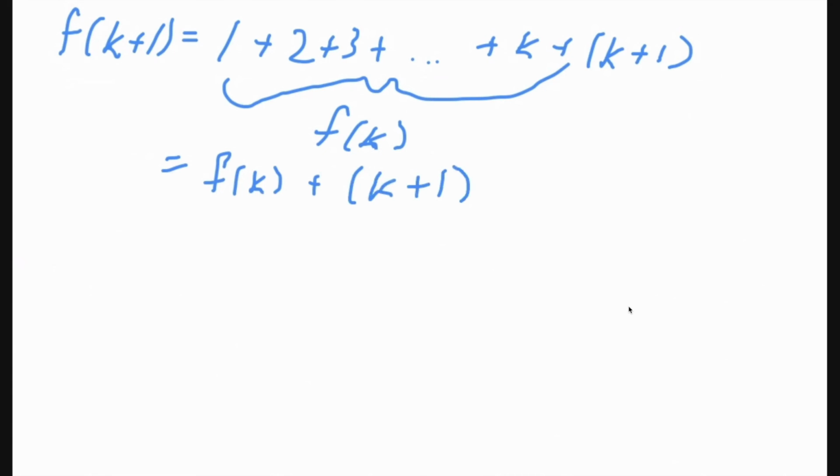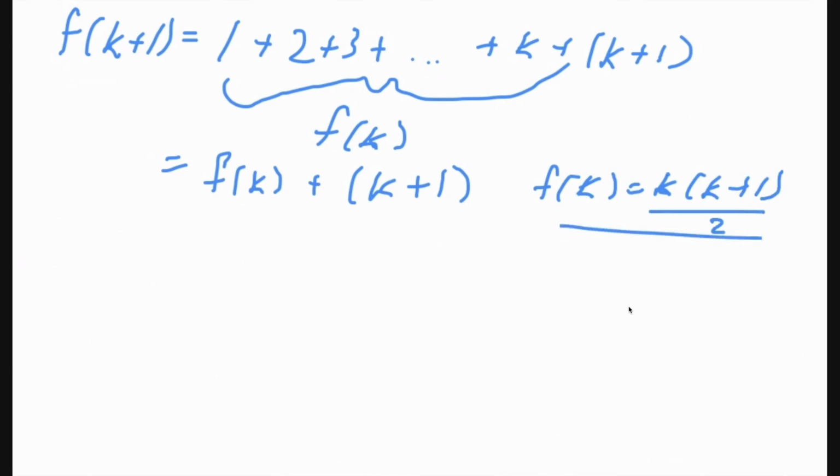From our inductive assumption, we assumed that f(k) is equal to k times (k plus 1) over 2. So we're going to plug this value of f(k) into our equation. Plugging this in, we have k times (k plus 1) over 2 plus (k plus 1).